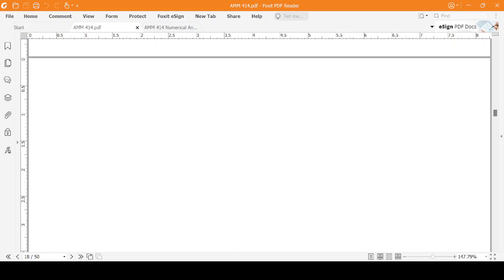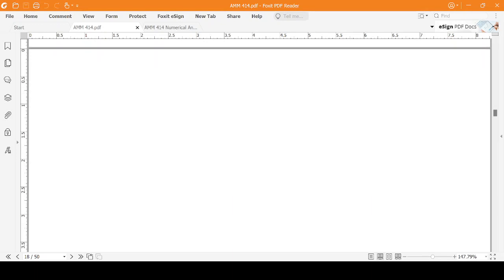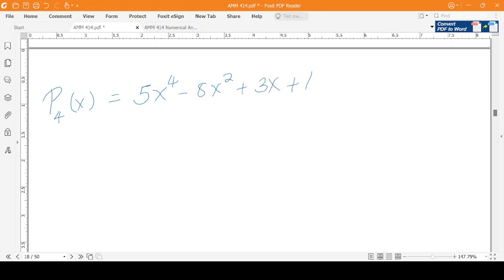So if we have a polynomial which is not monic, say p4 of x is equal to 5x raised to power 4 minus 8x squared plus 3x plus 1.